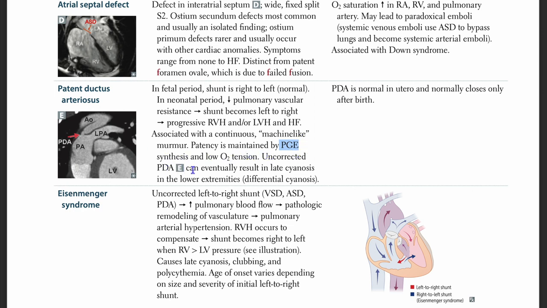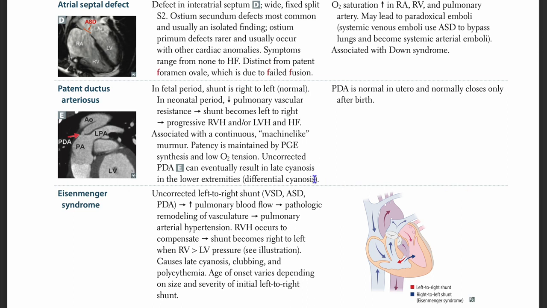Uncorrected PDA can eventually result in late cyanosis in lower extremities, differential cyanosis. Okay, so you need to know this right here. They will give you a patient who has blue toes, but not fingers, and then they'll tell you they did a Doppler ultrasound, and they found no thrombus or anything, because that would be your first thought, right?